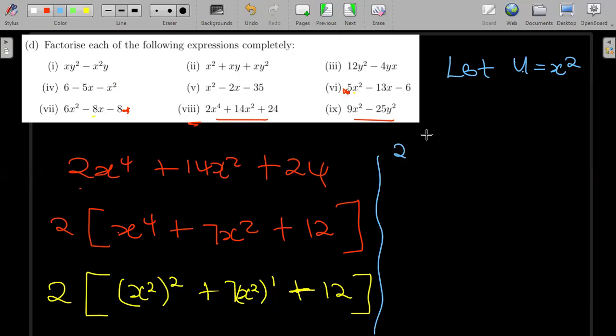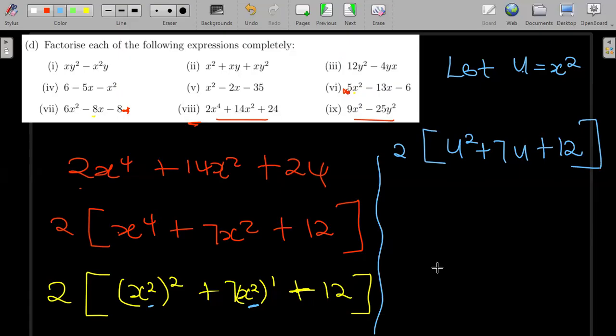So it will be 2, where there's x squared here, I'm putting u, so it will be u squared. And then plus 7, where there's x squared here, I'm putting u again, and then plus 12, like that.